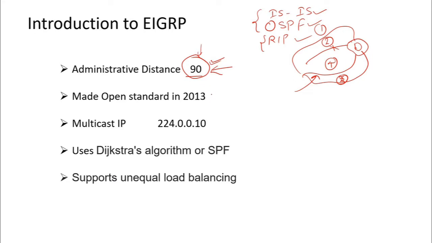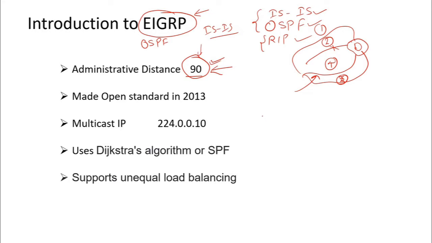So you might be thinking that EIGRP is not so popular. You might be seeing that whenever it comes to routing protocols, we mostly see OSPF, or in the case of ISPs, they use ISIS. You have rarely seen EIGRP configured in your network or any of the networks.